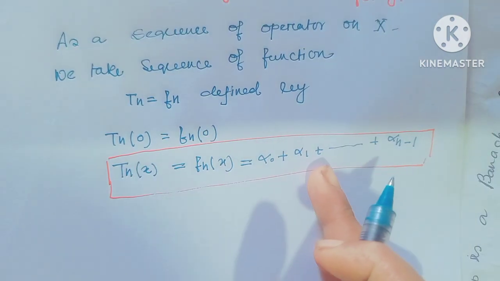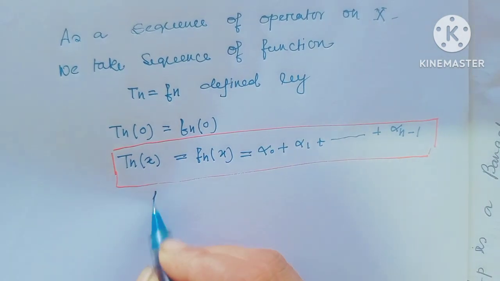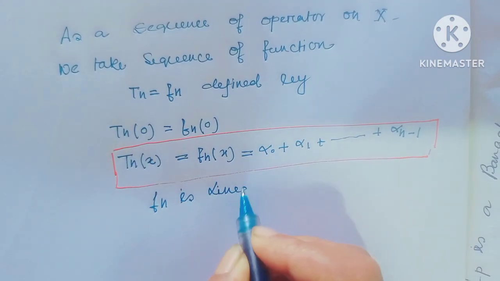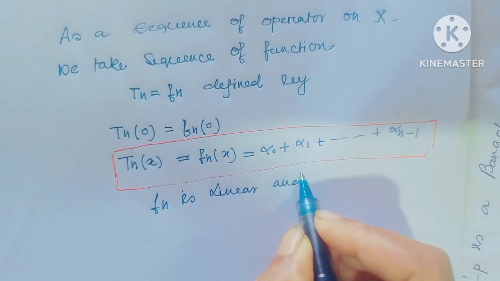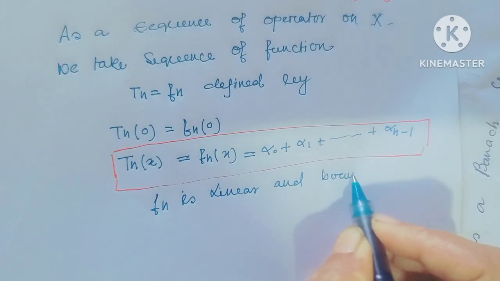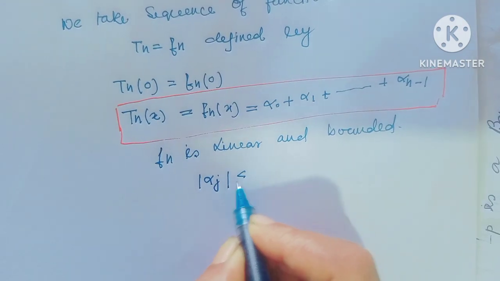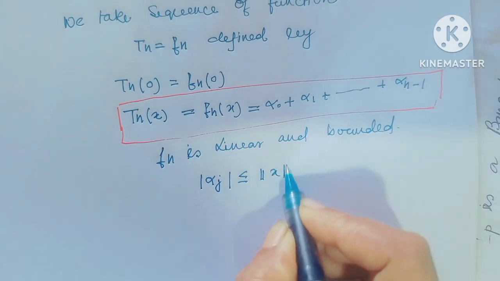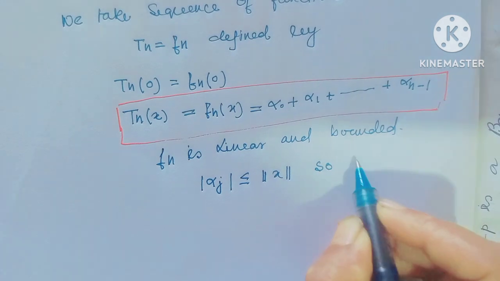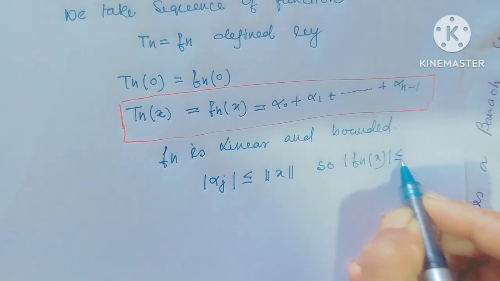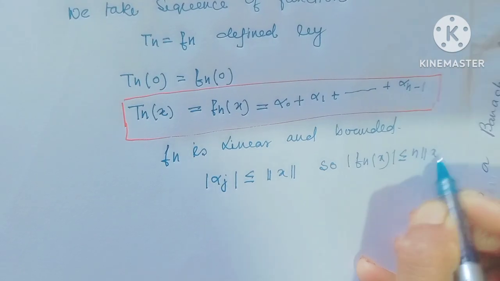Here Fn is linear and bounded. Since alpha j is less than or equal to norm x, so Fn x is less than or equal to n times norm x.